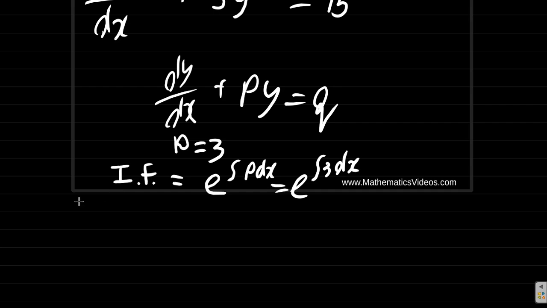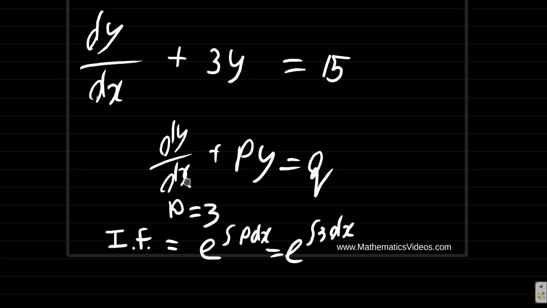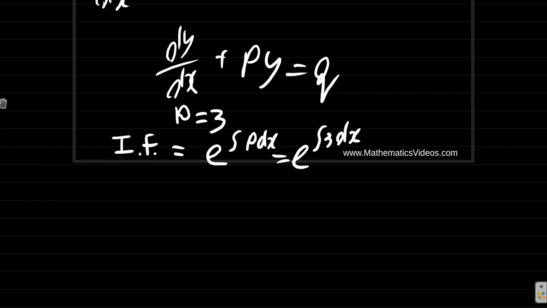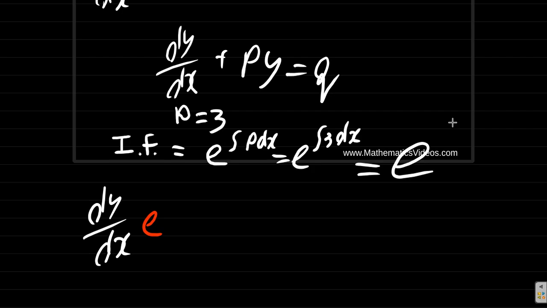Now, you must remember the next step, multiply by the integrating factor. Alright, that's the next step. So you have dy by dx multiplied by e. By the way, let's find the integral of 3 dx. So this is equal to e to the, when you integrate 3 with respect to x, you get 3x.